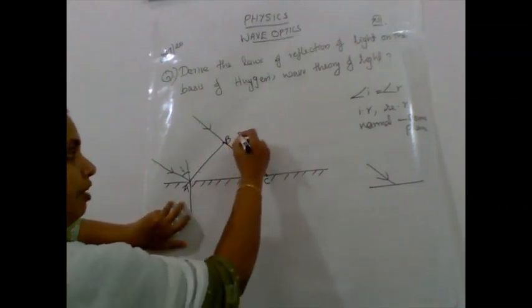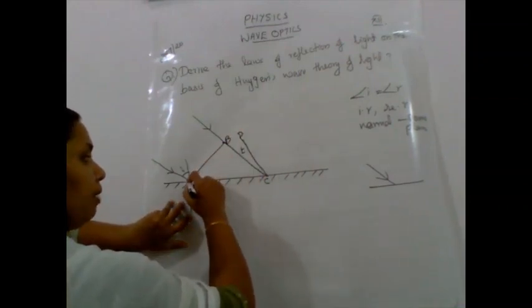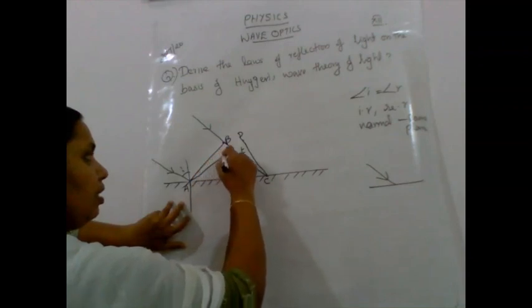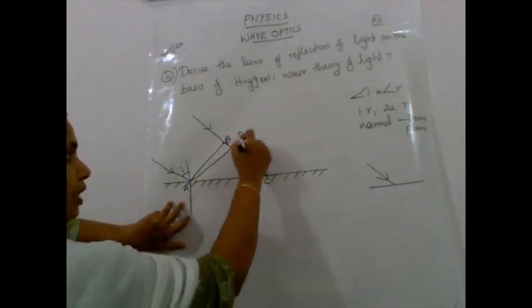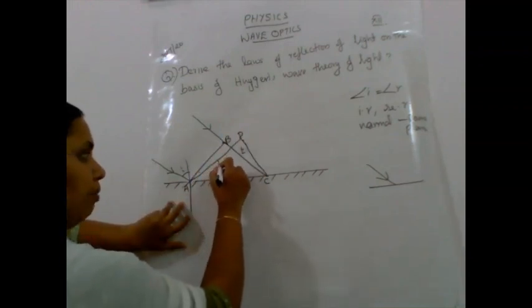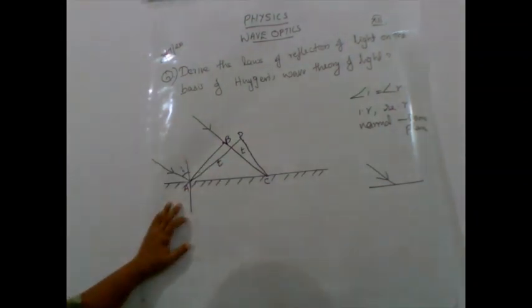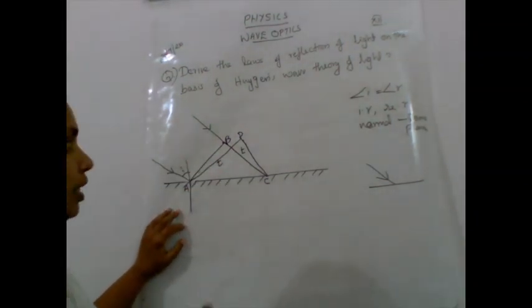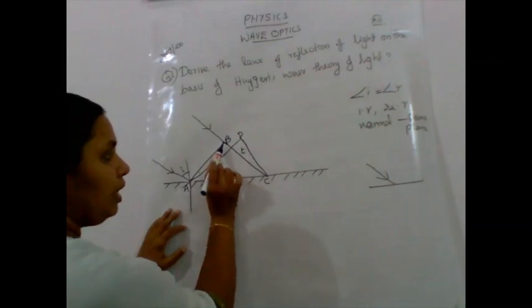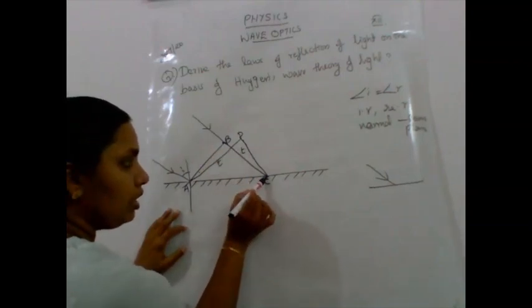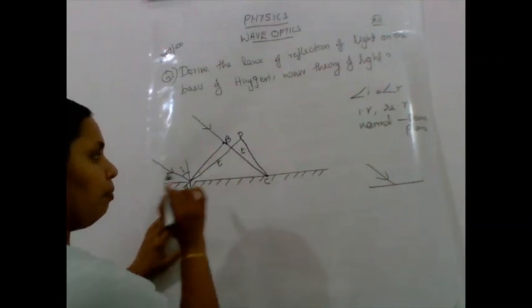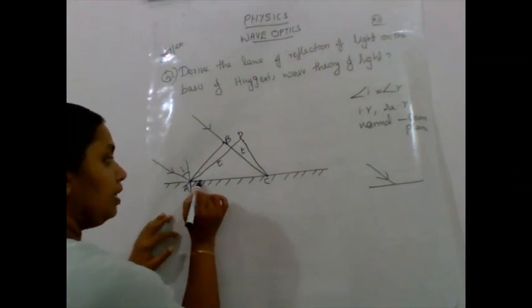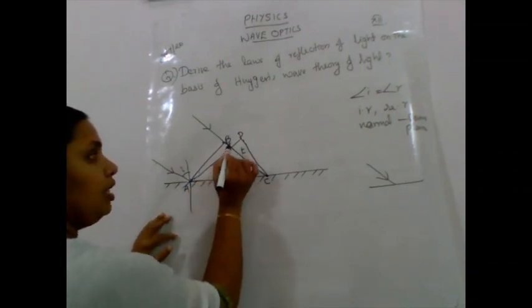And what is the time taken by this wavefront from A to reach D? It will be the same time, that is T itself. Within the time T only B reaches the reflecting surface at C, and by that time from A, the reflected wavefront will reach D.